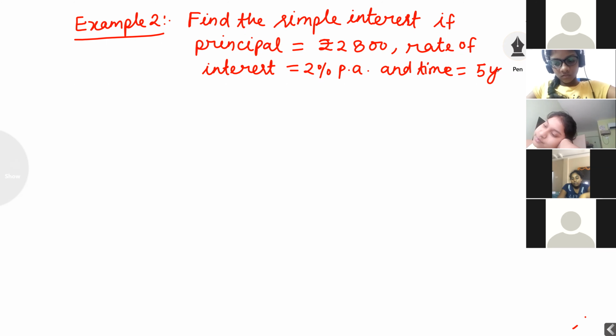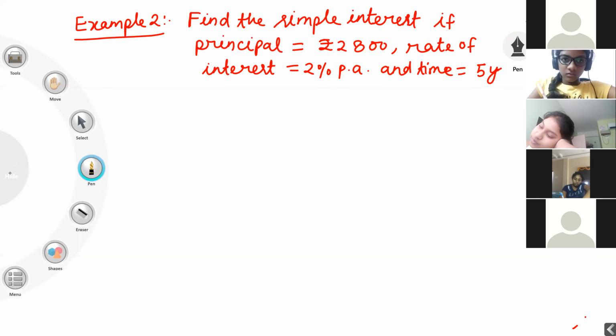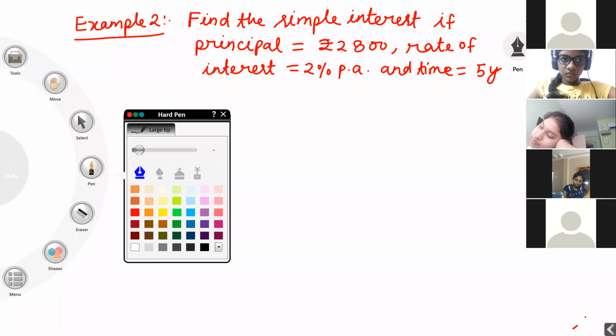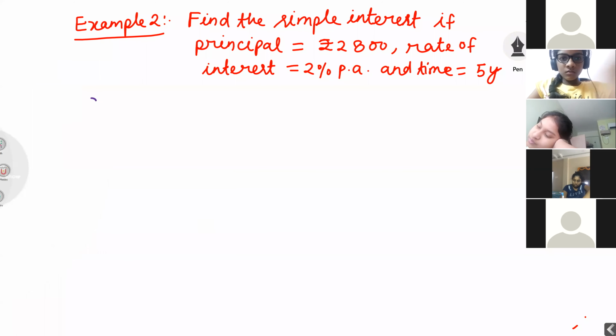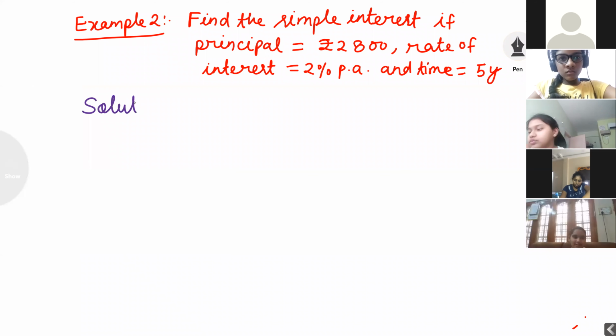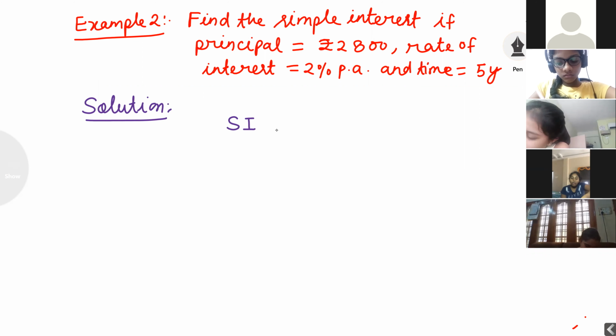Now we want to find out simple interest. Note down. SI is equal to principal into rate into time divided by 100. Solution. Simple interest SI is equal to principal into rate into time divided by 100.